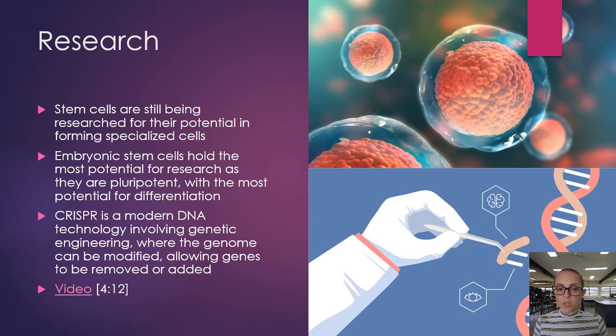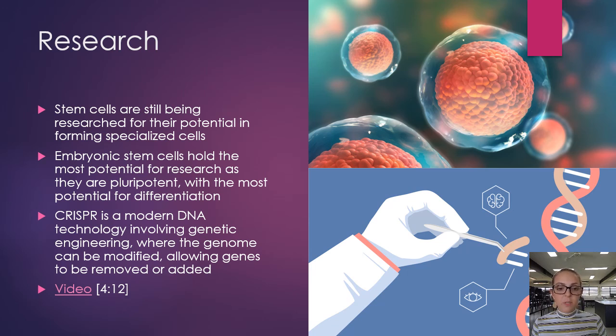Most recently, CRISPR is a modern DNA technology, and it's to do with genetic engineering, modifying of the genome. And this is really sort of very new age, because we're actually now looking at how can we cut pieces of DNA out or insert genes. This could have a lot of potential in looking at how we can reduce diseases that are caused by genetic factors, mistakes in the DNA.